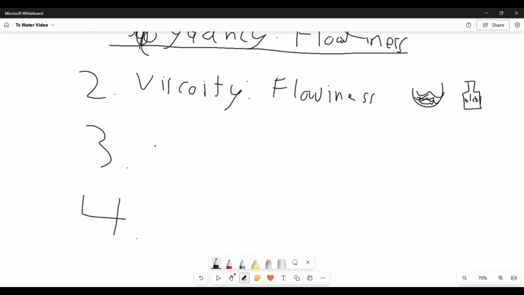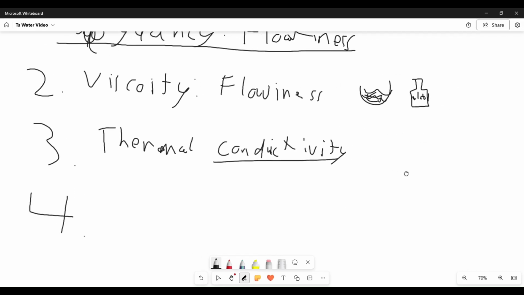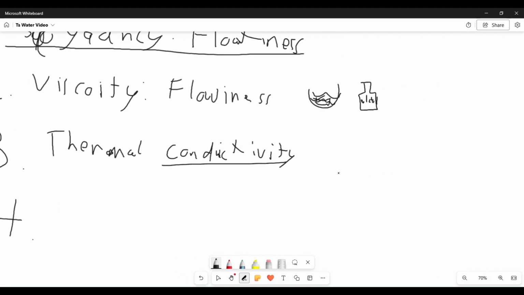Now, another important property is thermal conductivity. What that means is that water conducts heat pretty well. That's close enough. Now, because of the thermal conductivity, heat passes through water relatively quickly.